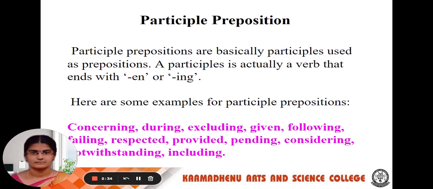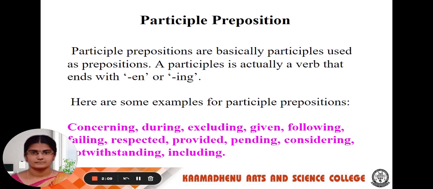Here are some examples for participle prepositions. What are the participle prepositions? Concerning, during, excluding, given, following, failing, respected, provided, pending, considering, notwithstanding, including.